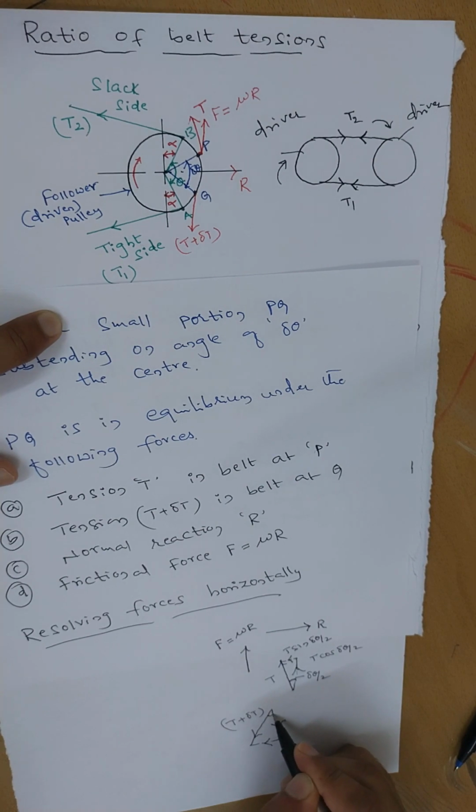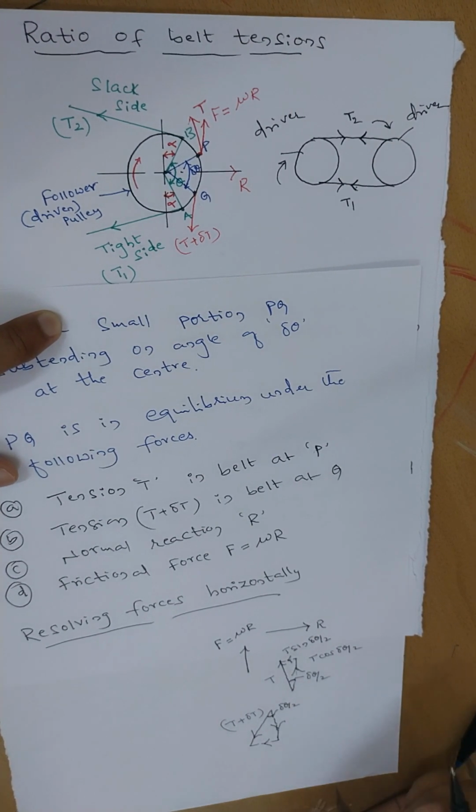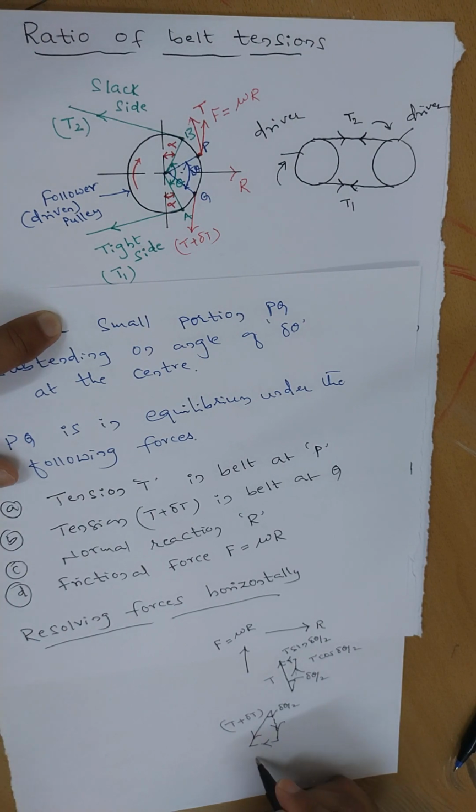What is the angle here? It is the same, d theta by 2. So with respect to this, what is the horizontal component? T plus dt into sine.